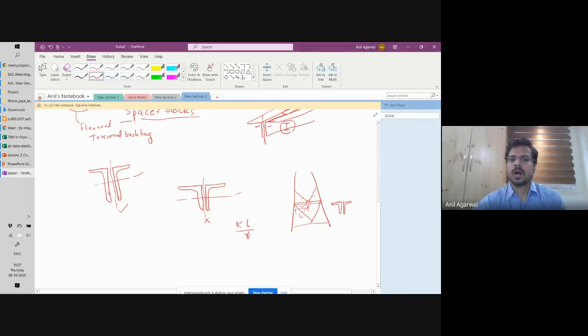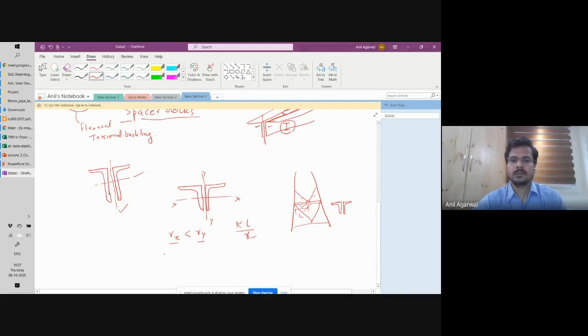So even though your r might be higher in one plane, let's say in this case, you have XX and you have YY. I know that my rx is less than my ry. But just looking at that is not good enough.